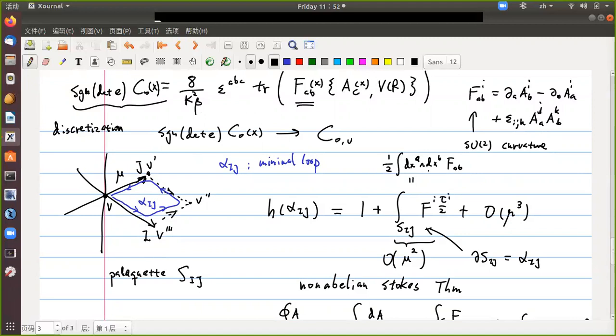Which means I can replace this ab index by the ij index. Writing this expression as an ordinary integral using the definition of integral of differential forms, what I get is the integral of dxi dxj Fij. Here there is no sum over i and j, because this plaquette is determined by the i direction and the j direction. So no sum.